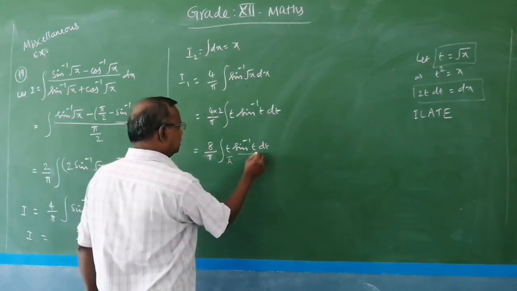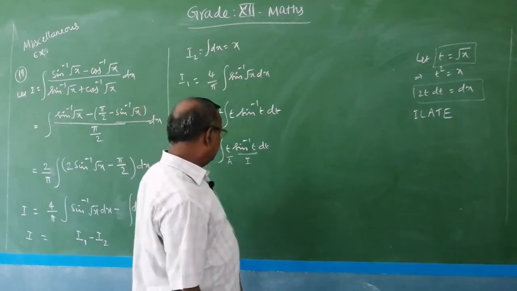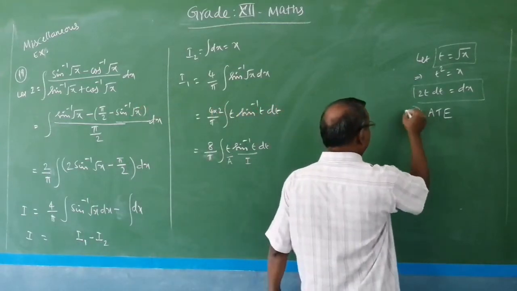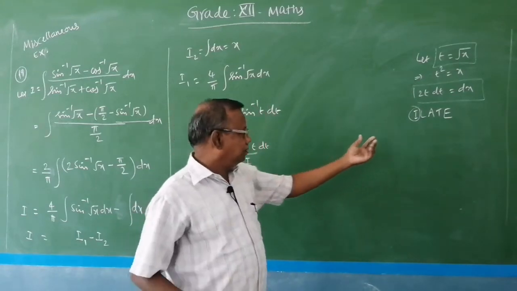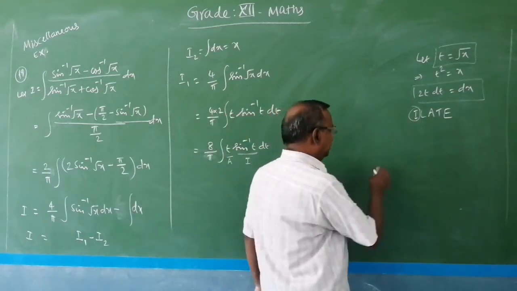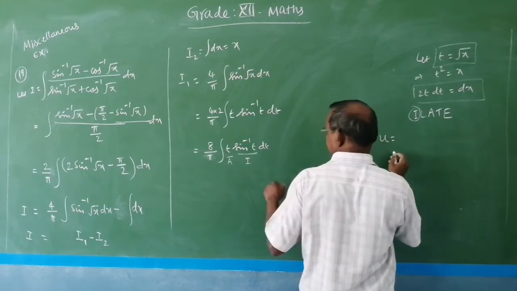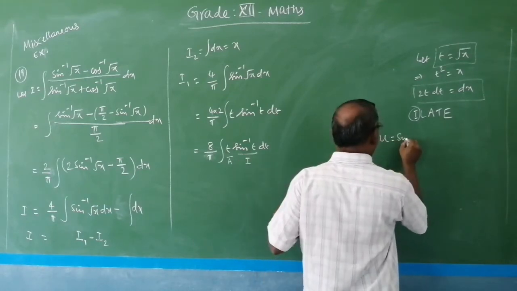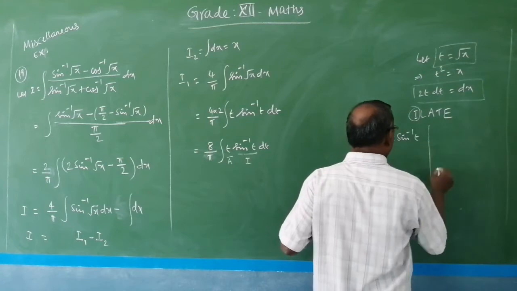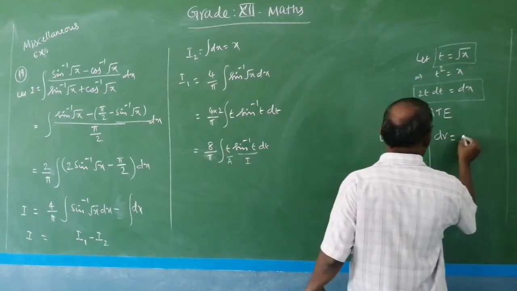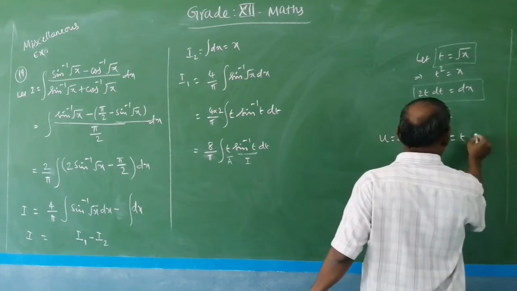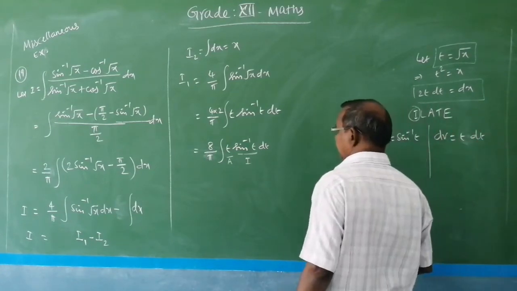Here it is algebraic and this is inverse, so preferably we choose the inverse first. So first preference is for u. Therefore u equals sin inverse of t, and dv equals the remaining part, t into dt.